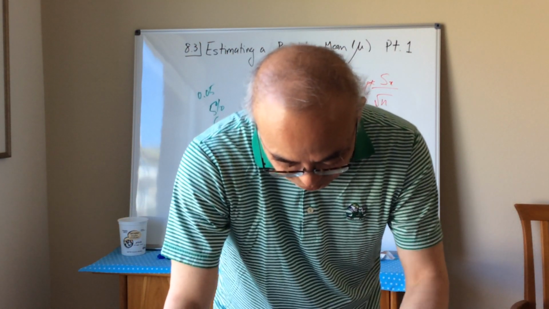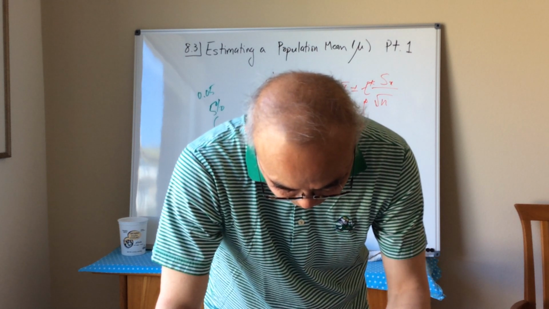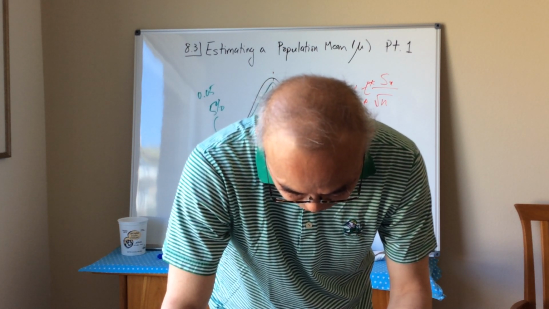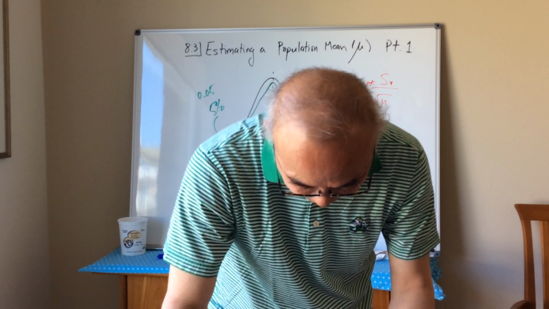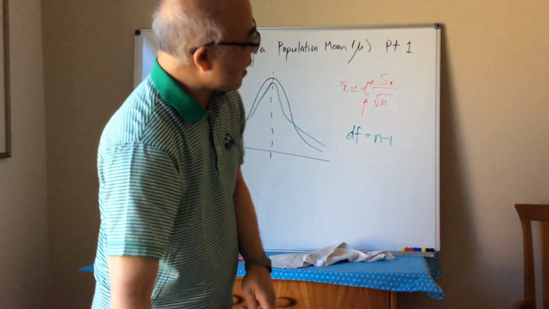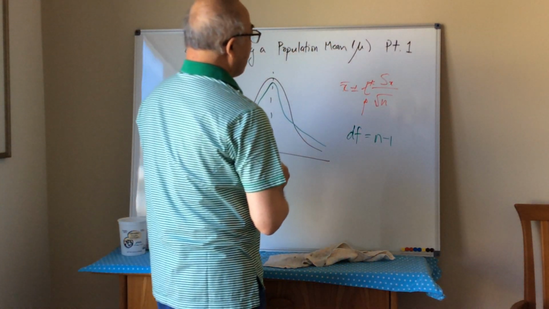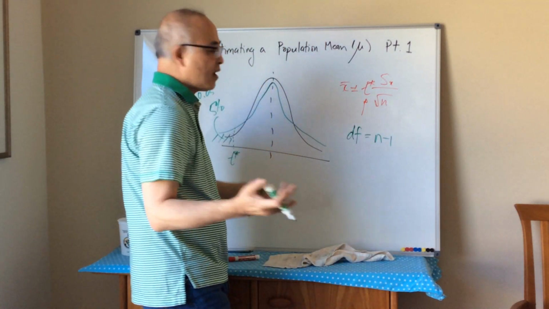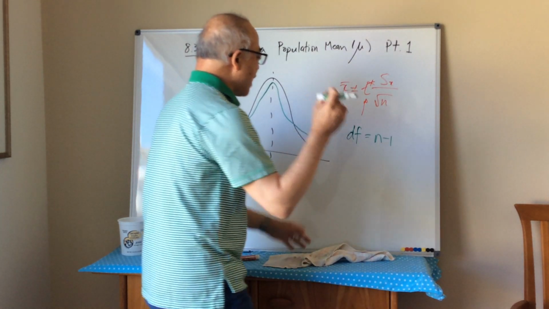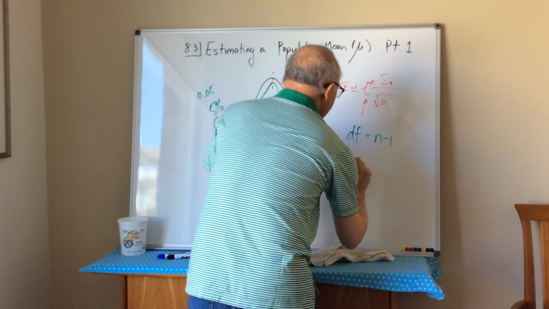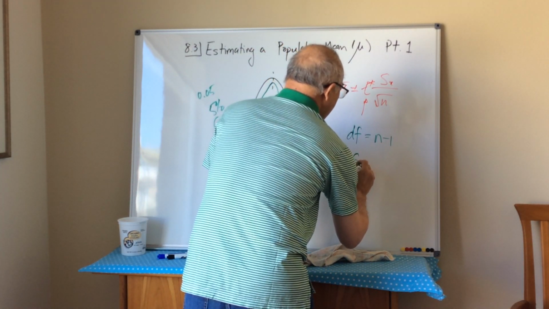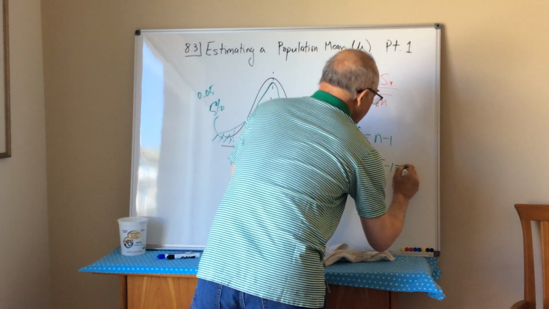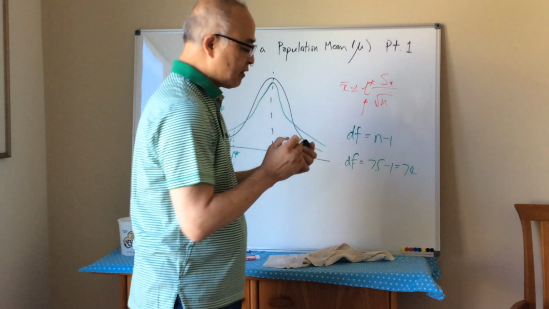If you look down at the degrees of freedom, they are listed pretty well until 30, but after 30 it goes 40, 50, 60, and 80, 100, and 1,000. So what do you do if you have a sample size of 75? I get 75 minus 1, which is 74. So my degree of freedom is 74.